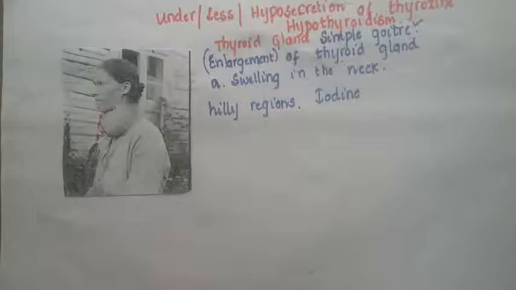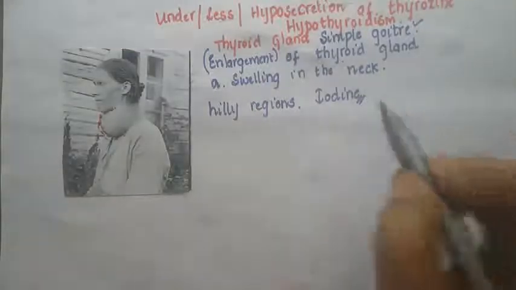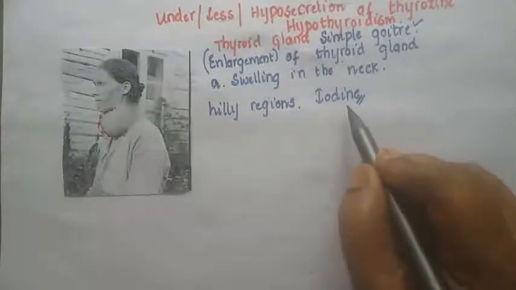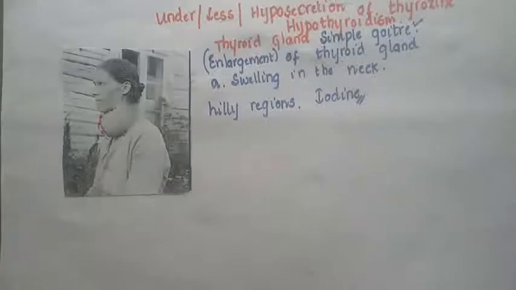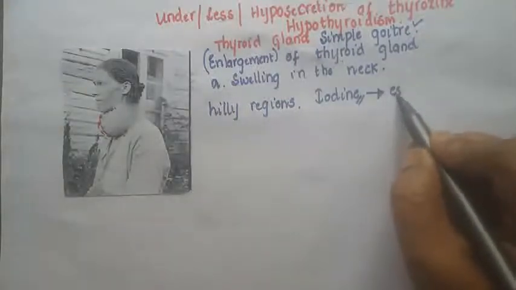Probably, children, you would have watched certain advertisements of salts, and in that advertisement they would have mentioned the word iodized salt. In the sense, in that salt they would have added iodine, which is essential to our body. Children, what is the role of iodine? Iodine is an important element.